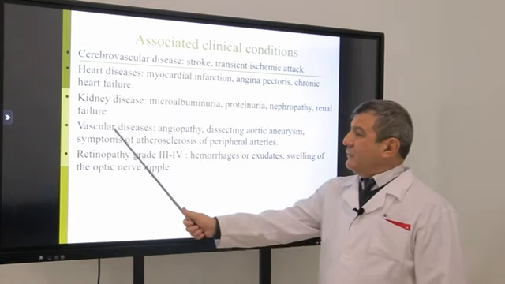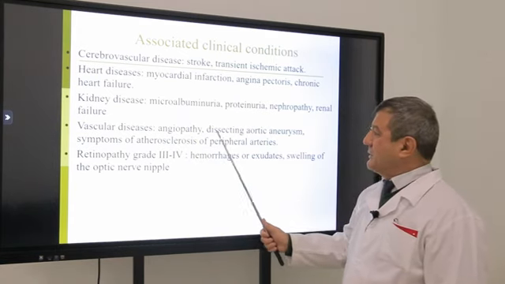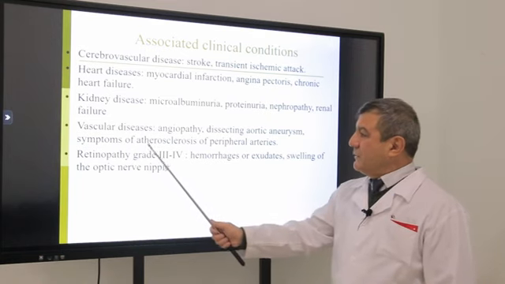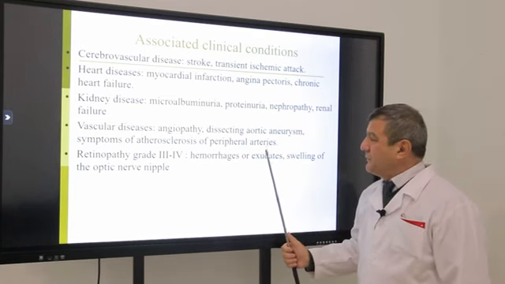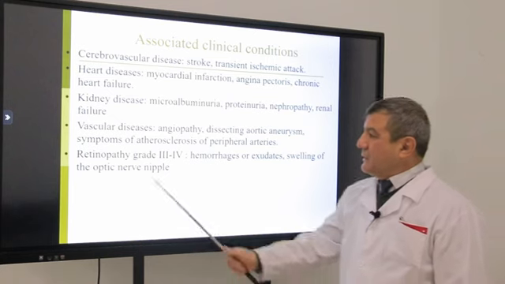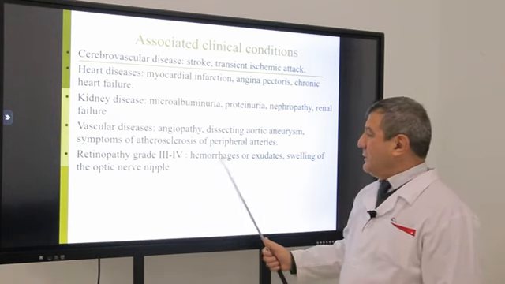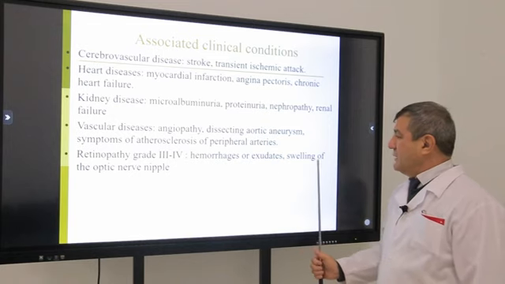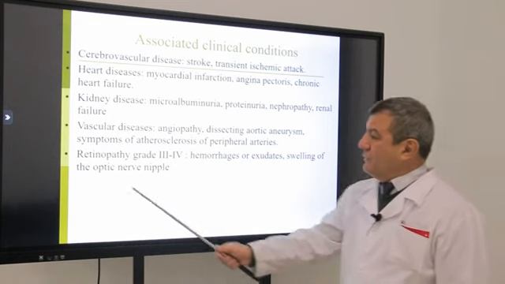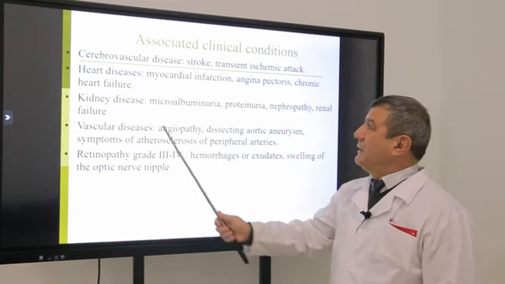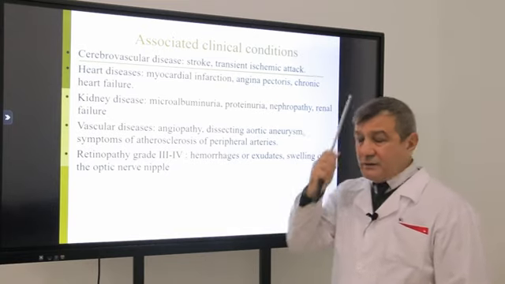Next one, vascular disease: dissecting aortic aneurysm, symptomatic atherosclerosis of peripheral arteries, retinopathy grade 3 and 4, hemorrhages or exudates, or swelling of the optic nerve head. They are associated clinical conditions.